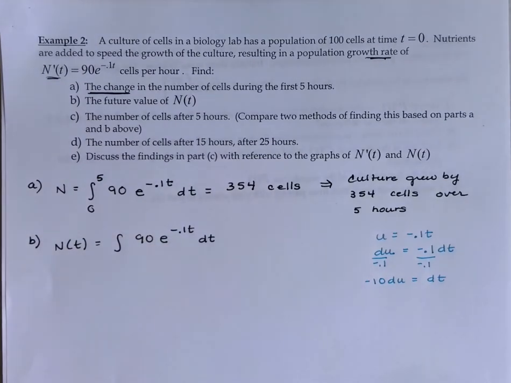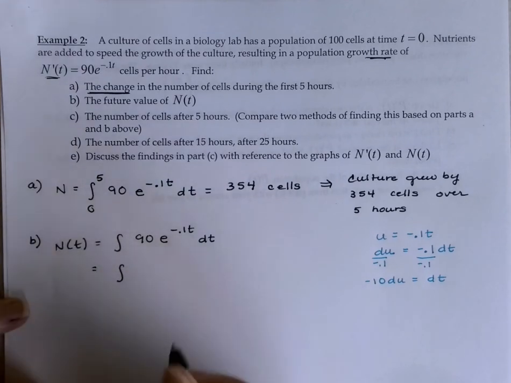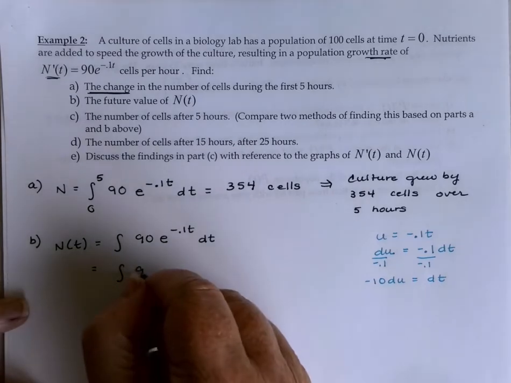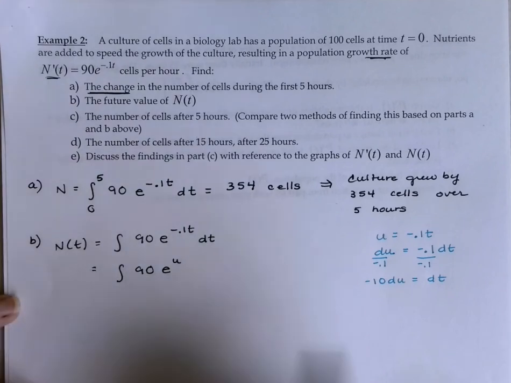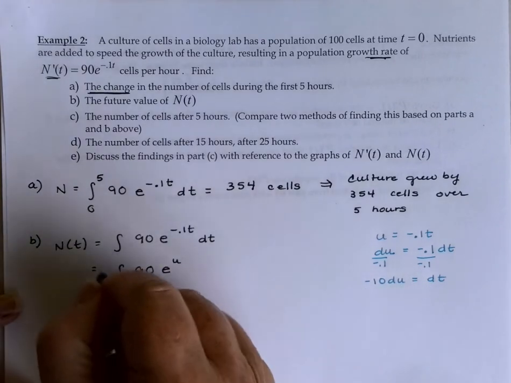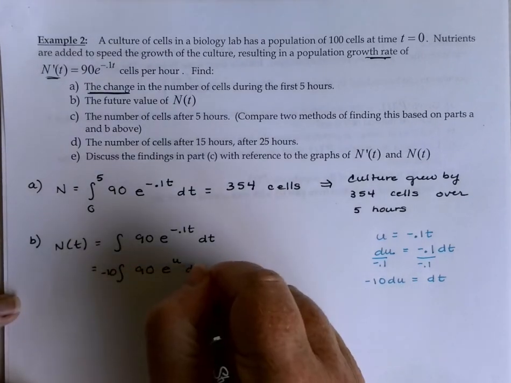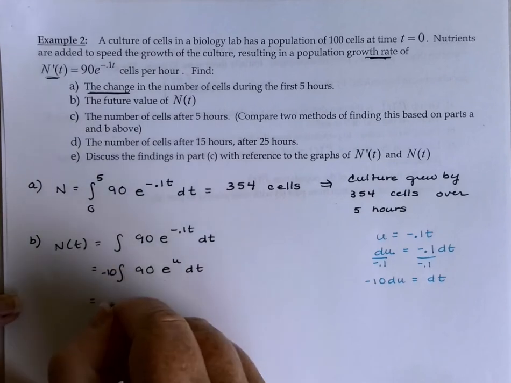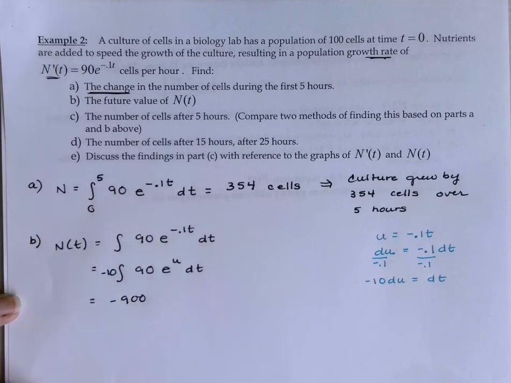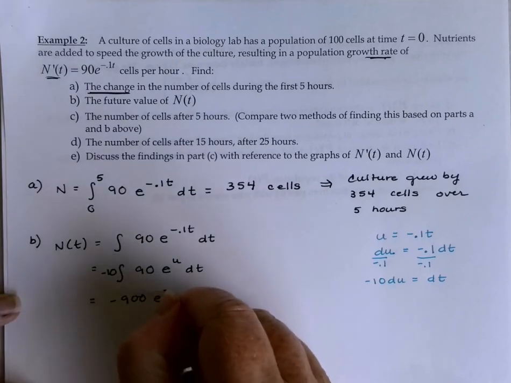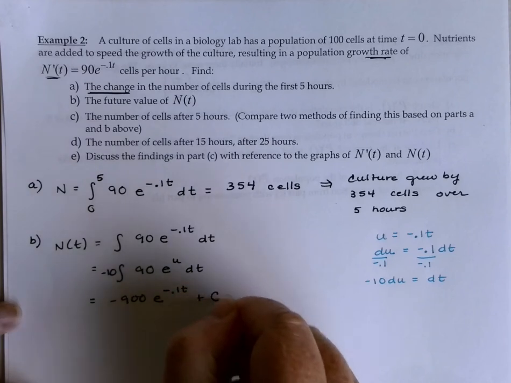So I'd have negative 10 du is equal to dt. And therefore my integral would become, well, let's see here, I'd have 90 e to the u, and then I would replace my dt with a negative 10 du. I'm going to put the negative 10 out here. So I'd actually end up with negative 900. The integral of e to the u is still e to the u, or e to the negative 0.1t, plus c.